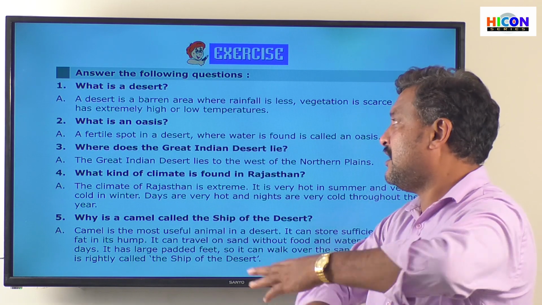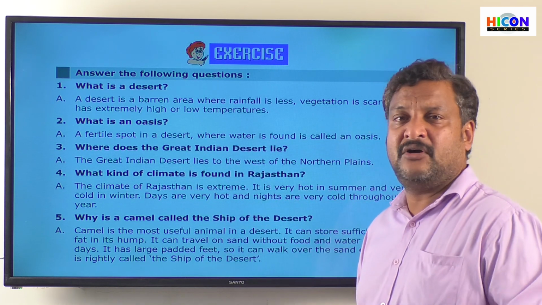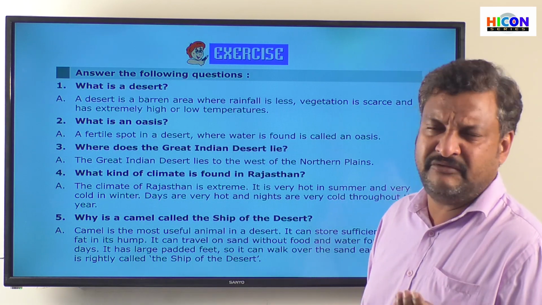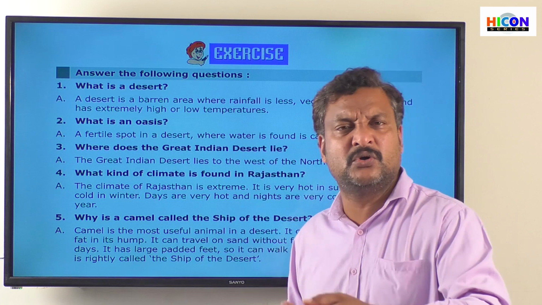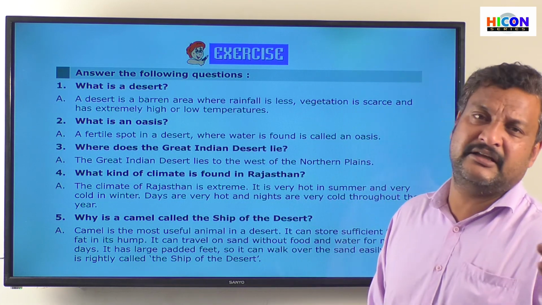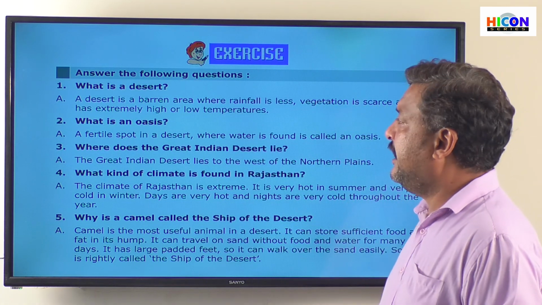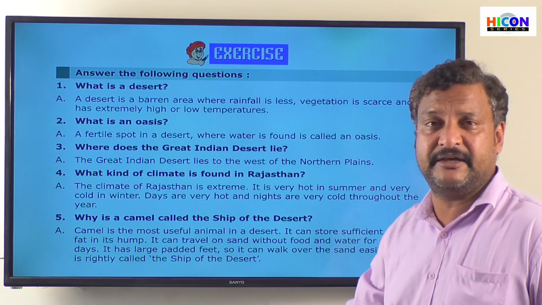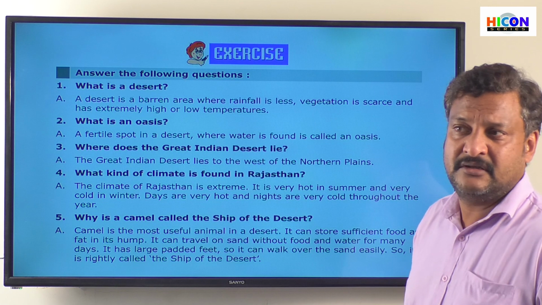Okay, so it's a vast land area without much rainfall and without much vegetation. Very few plants grow there, and that too here and there, not everywhere. And the temperature is extremely low or extremely high, right?